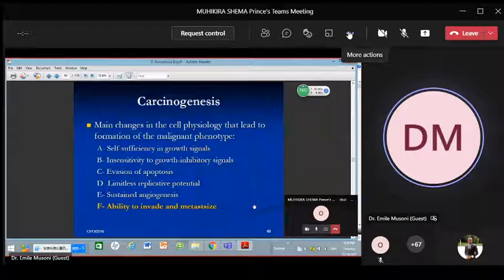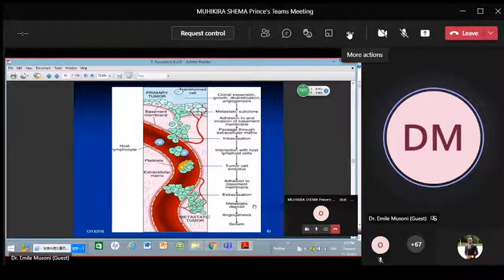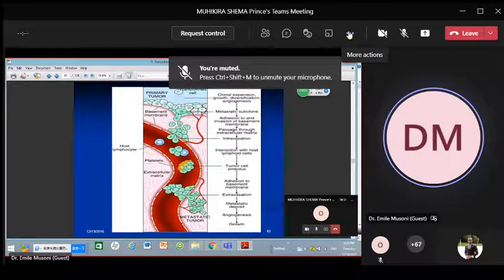At the end, there will be the ability to invade and metastasize after angiogenesis. Here we see the tumor cells in the blood vessels.